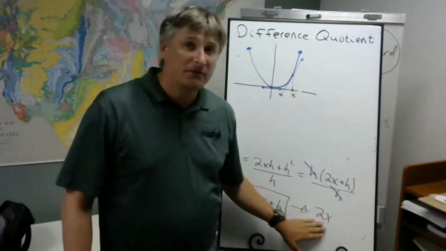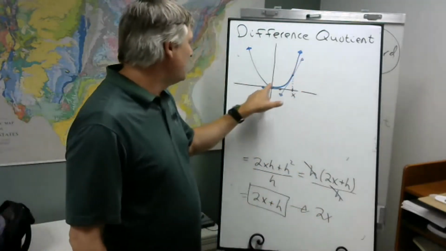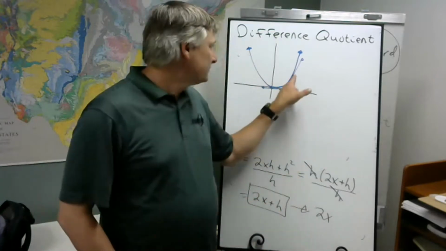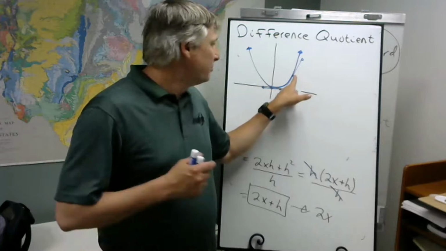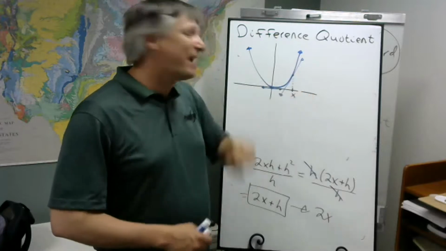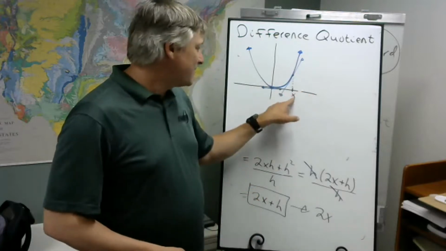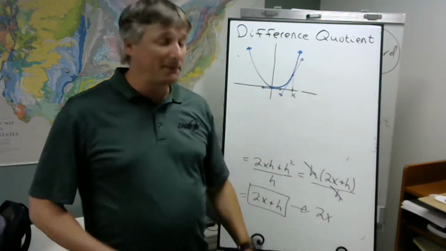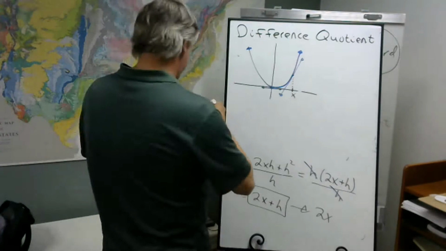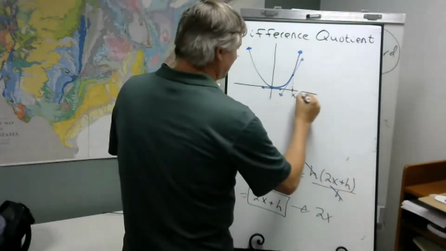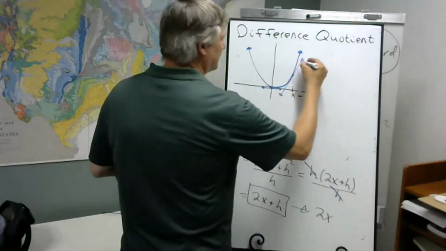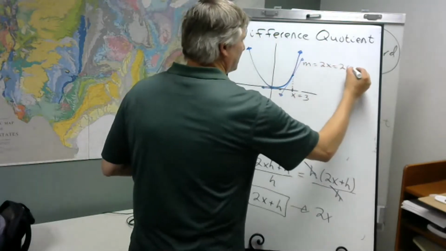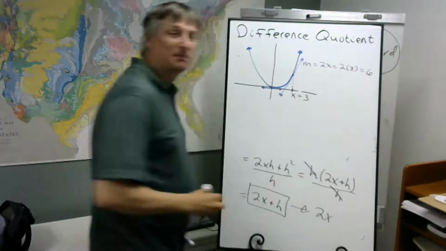So this is a formula for the slope of tangent lines all along this parabola. To find out the slope, put in the x value of the point where the tangent line contacts the curve. You take that x value, plug it into this little formula, and that will give you the slope of that tangent line. So for example, if this was x equals 3, then the slope of this line would be 2 times 3, or 6.